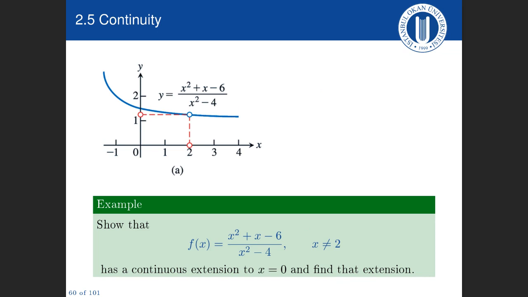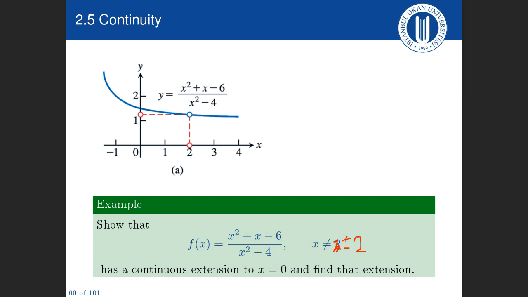Show that this function has a continuous extension to x equal to 0 and find that extension. Oh, there's a typo here. There are two mistakes on this slide. First of all, this should be defined if x is not equal to +2 and -2.